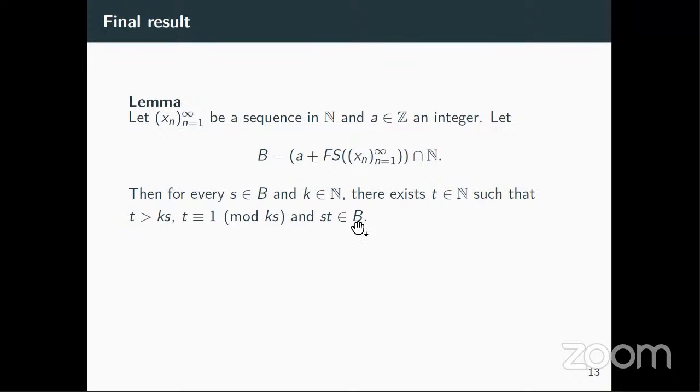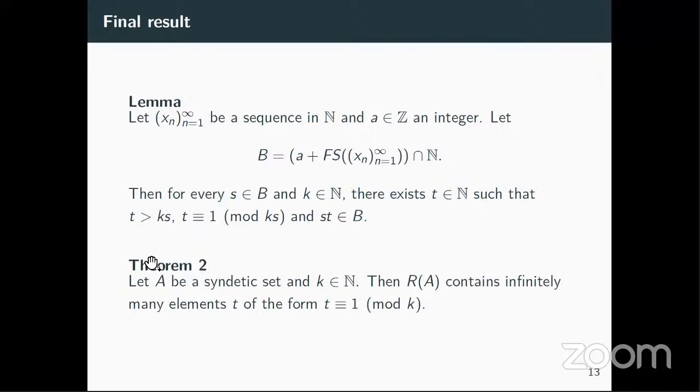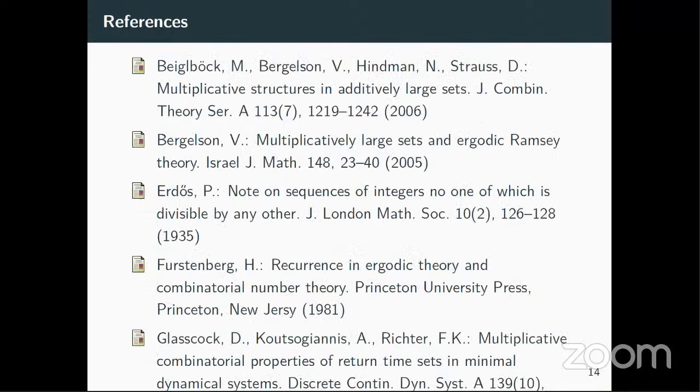So once we have this, with little effort, we can show that if we start with a synthetic set A and you pick any natural number k, then the ratio set will contain infinitely many elements of this form. So this is the final result of our paper. So this is all. I just quoted the results of our paper. We haven't included any detail.